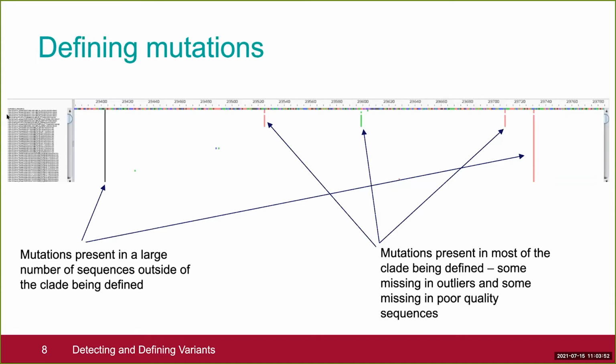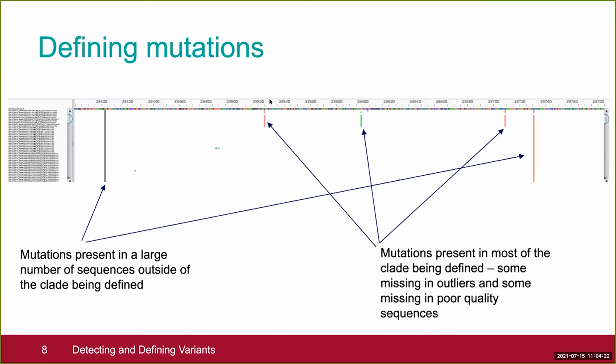Everything in our clade of interest is right at the top, and everything in the wider clade is underneath that. You don't want to include mutations in your definition that are present in hundreds or maybe even thousands of sequences. Things like D614G are not informative positions in terms of a definition. They're not useful for characterizing a variant because they're present in so many different things.